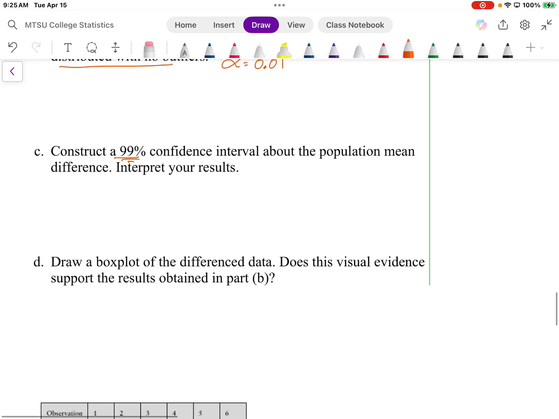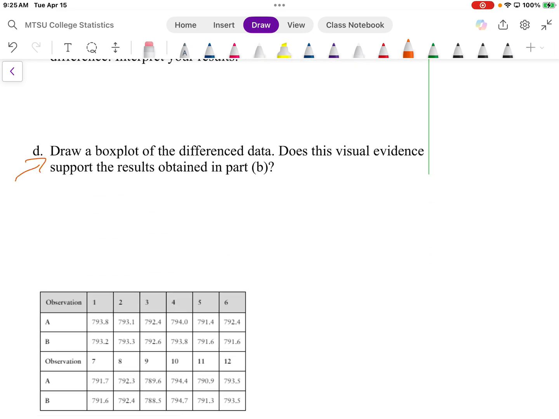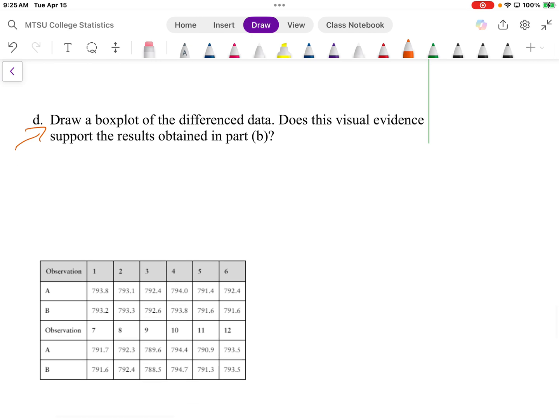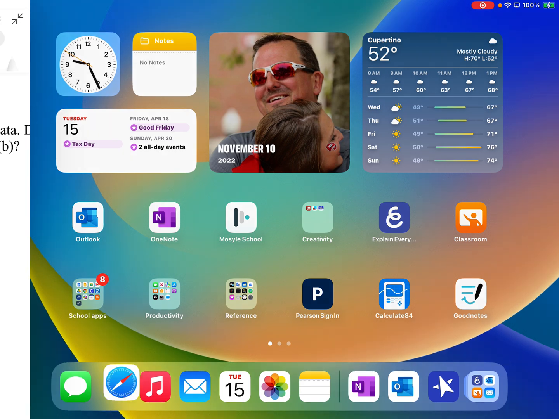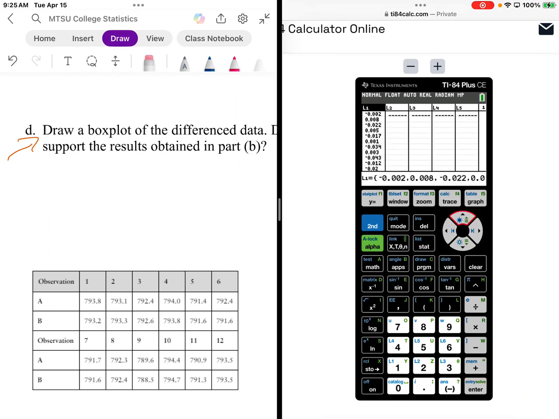Now, they do ask you to draw the box plot, but I'm assuming that you guys will be able to draw the box plot. What we need to do quickly is, because I didn't set this one up yet, let's get into our table. Let's go into column 1 and put A in column 1 and B in column 2. So carefully type those things in there.